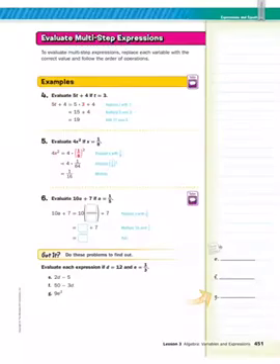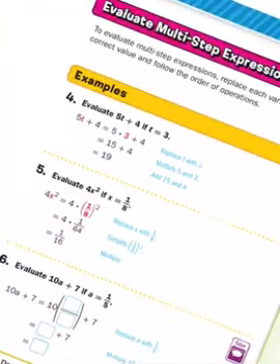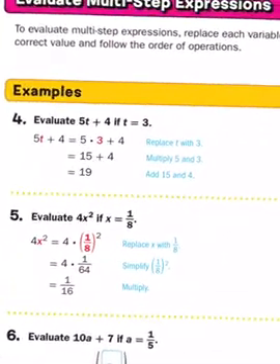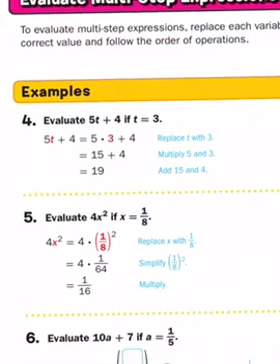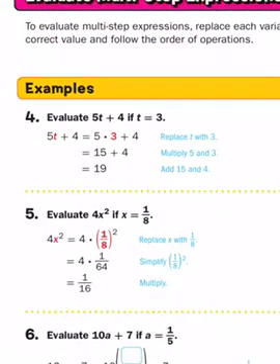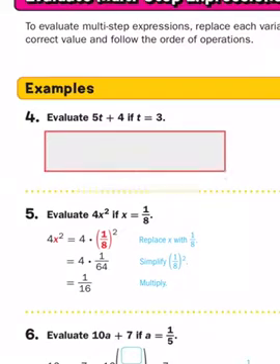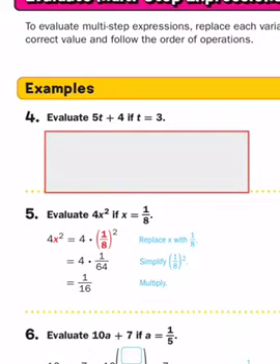All right, next page. On this page, we're going to talk about multi-step expressions. And you'll see these aren't that hard either. So in example 4, it says evaluate 5 times t plus 4 if t equals 3. So I'm going to get a little bit of workspace here real quick. All right, and let me show you what you do.